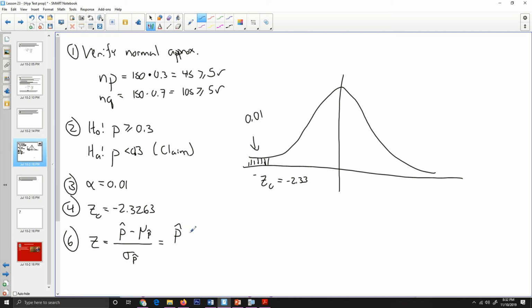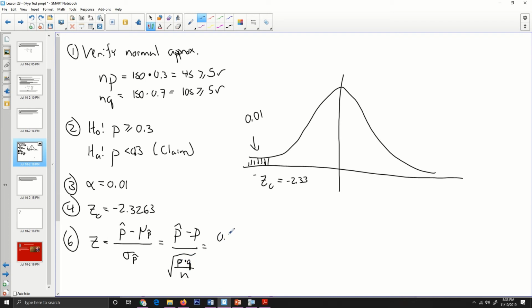So p-hat minus p, and we're still over our standard error. And that is calculated by the square root of n, not n, square root of p times q all over n.